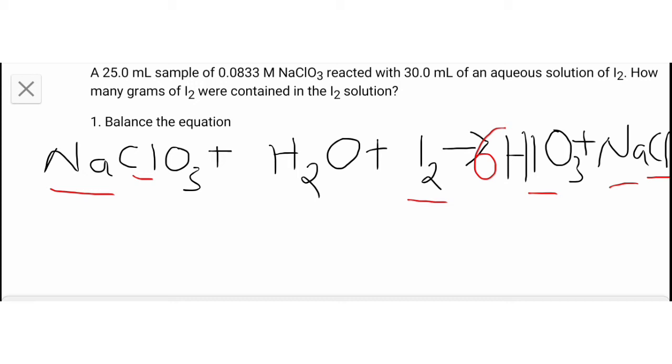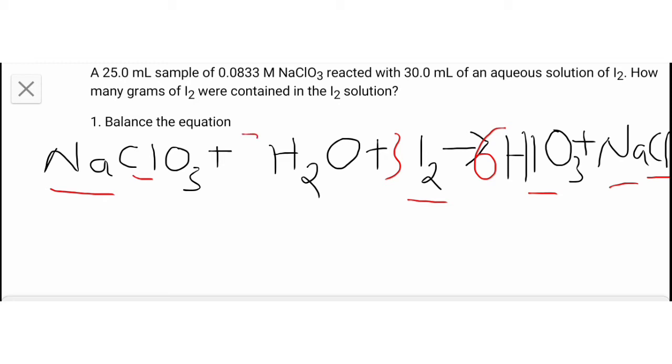So, okay, we're going to put 3 here. By putting these 3 here, what we mean is that we have 6 iodine atoms on the reactant side, which is equal to the number of iodine atoms on the product side. So iodine is balanced. Now, what about hydrogen? We have 6 there. So what are we going to do to make sure that we also have 6 on the reactant side?